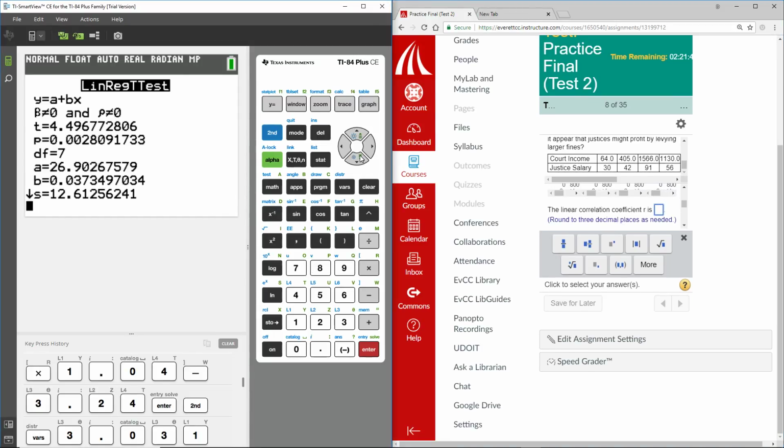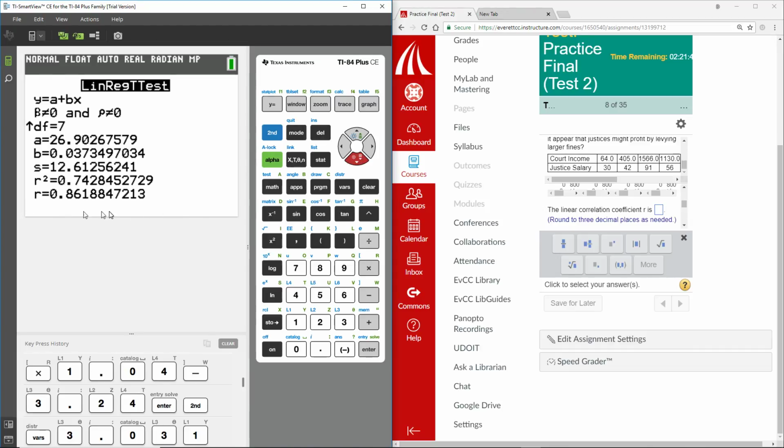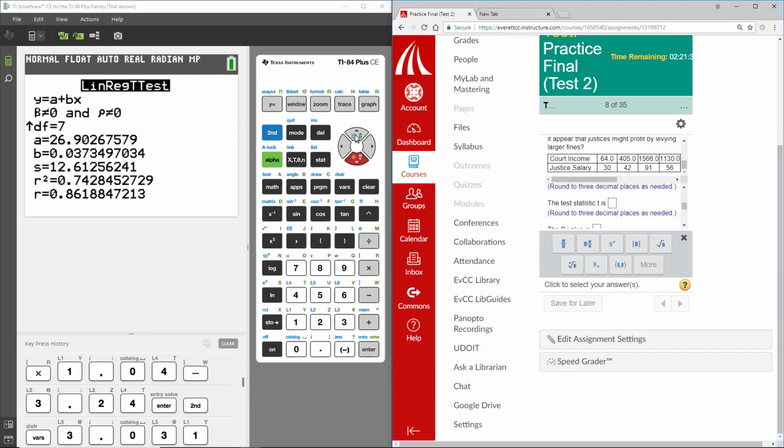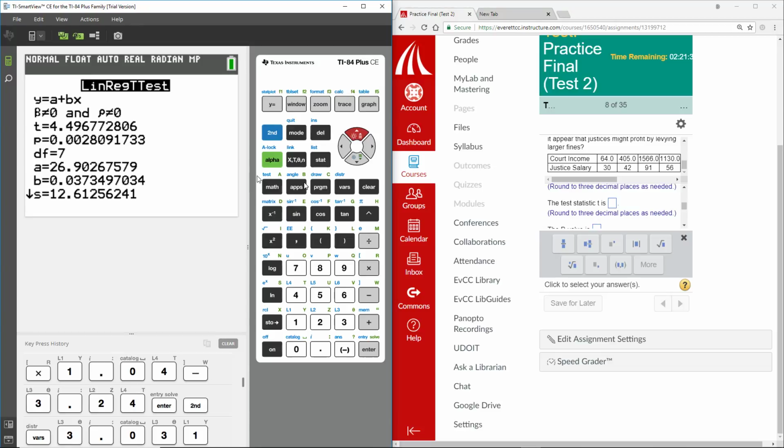Okay, so I have to go down further to get the R. So the R is 0.862. And the next thing, the test statistic, 4.497. And then finally, the p-value, we're getting 0.003.